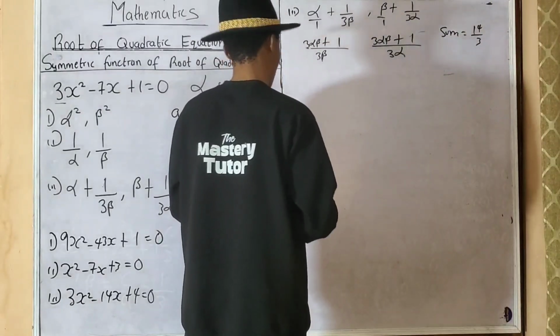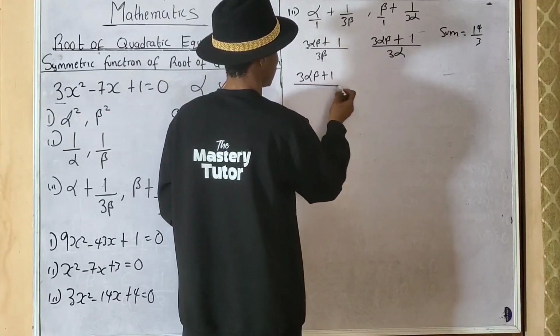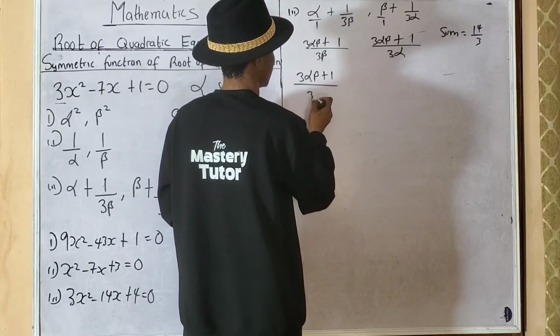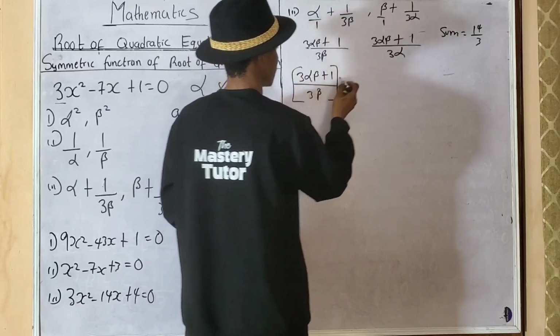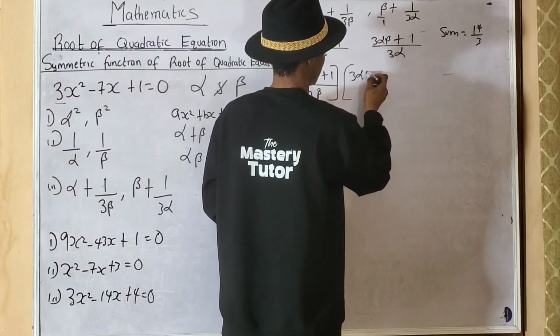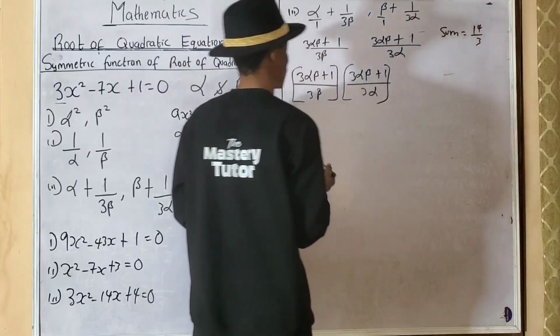Now the product will be 3 alpha beta plus 1 all over 3 beta multiplied by 3 alpha beta plus 1 all over 3 alpha. Okay, let's go.